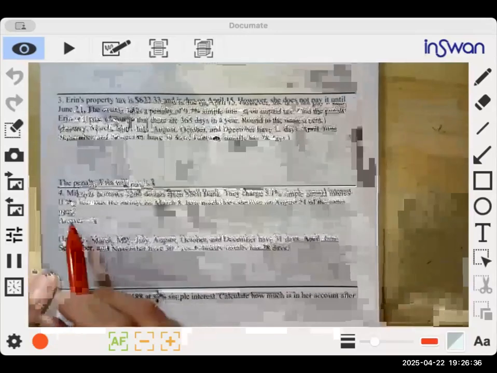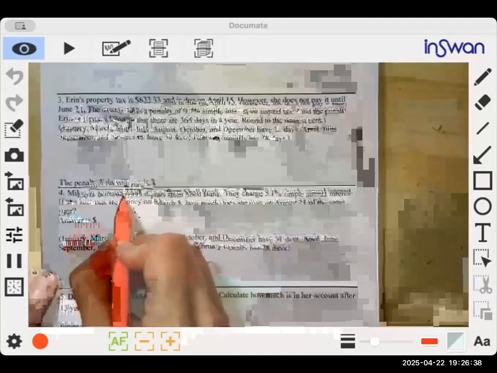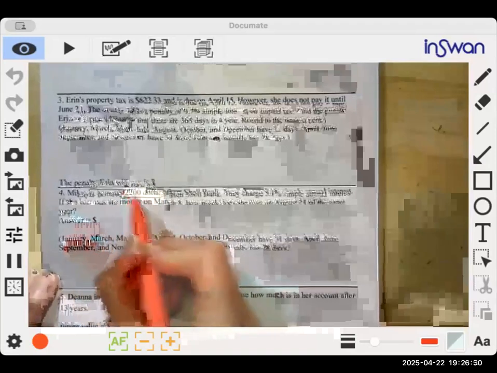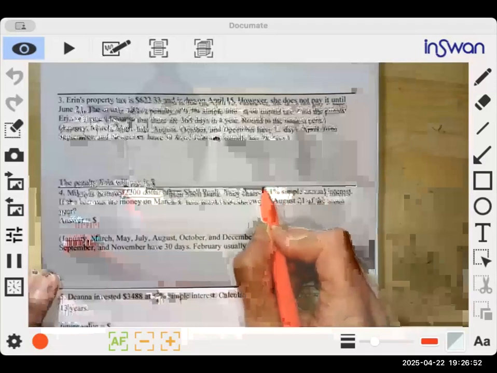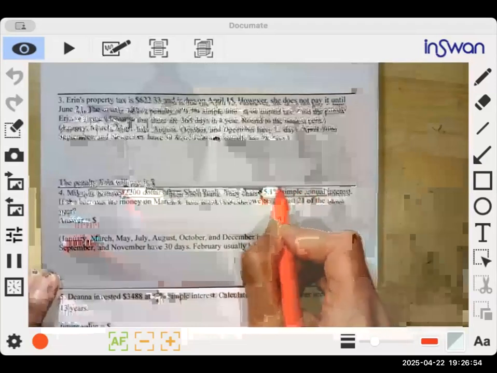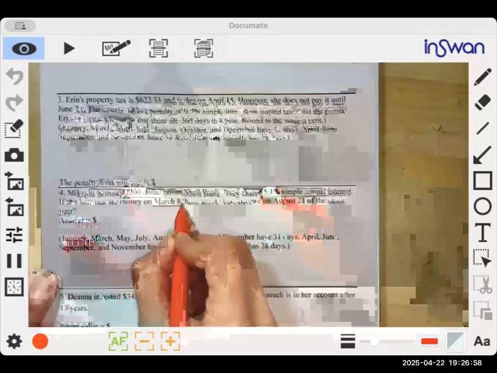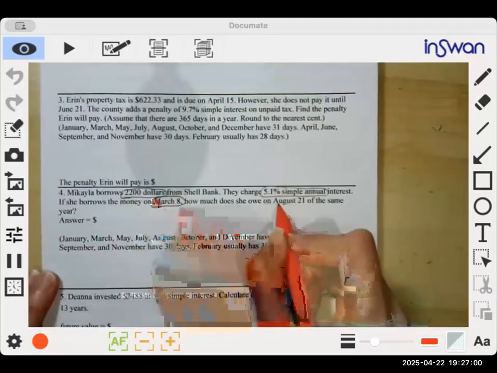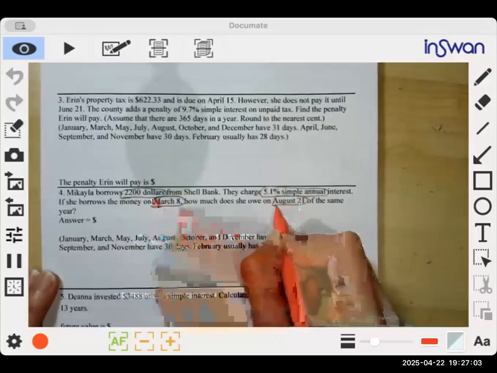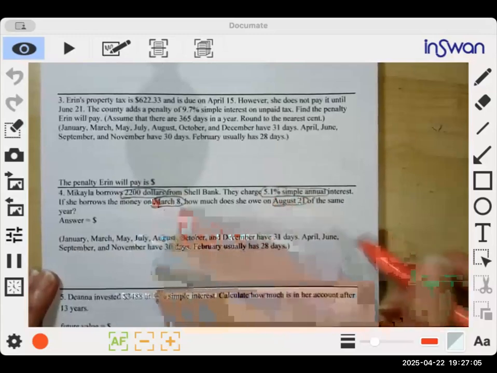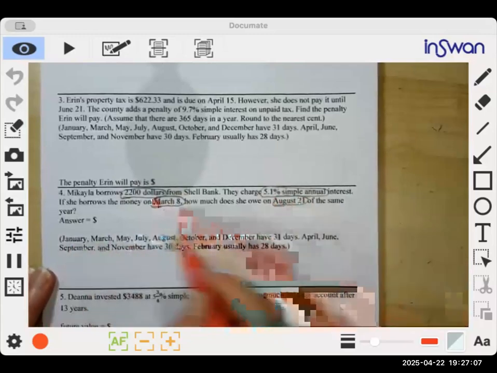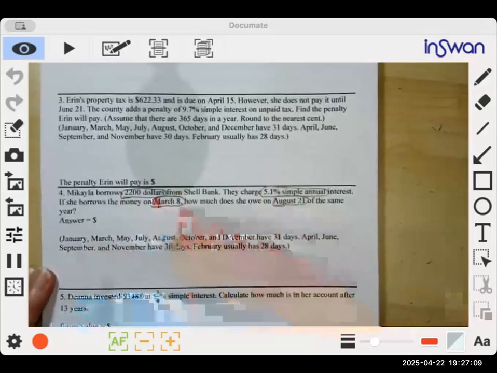So Michaela borrows $2,200 from Shell Bank. They charge 5.1% simple interest. If she borrows the money on March 8th, how much does she owe on August 21st? So here's a problem where it tells us how many days are in each month.